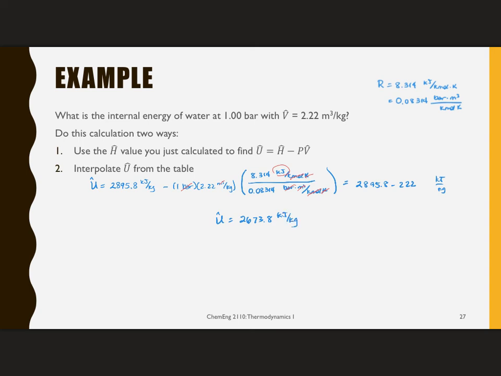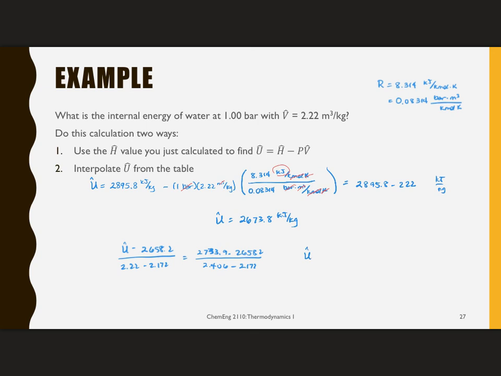All right. Now, what if we did the second method, interpolate from the table? Well, I'll go back and look up all the values, but U minus 2658.2 over 2.22 minus 2.172 is equal to 2733.9 minus 2658.2 divided by 2.406 minus 2.172.